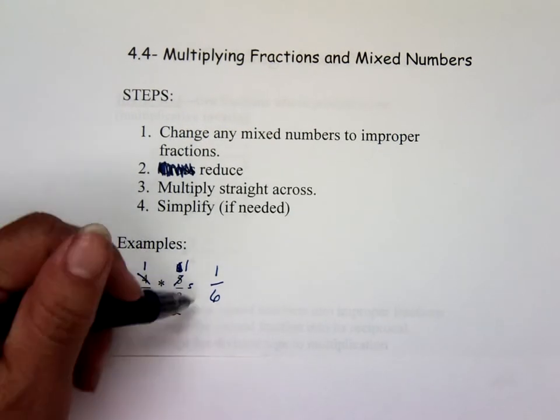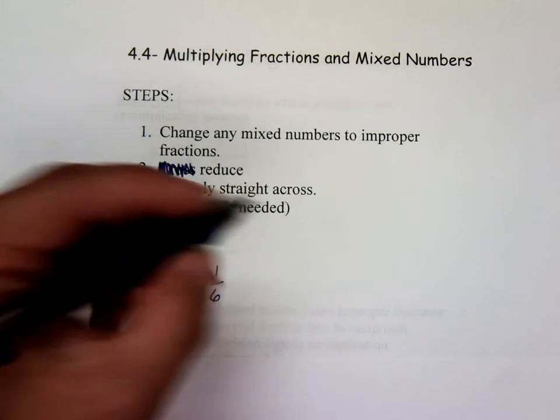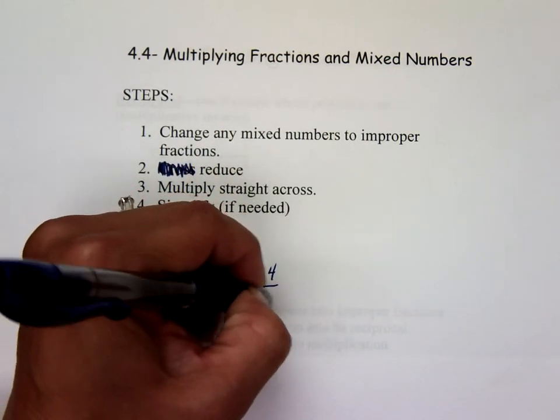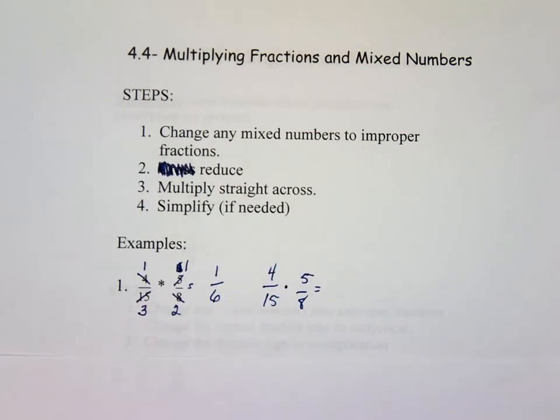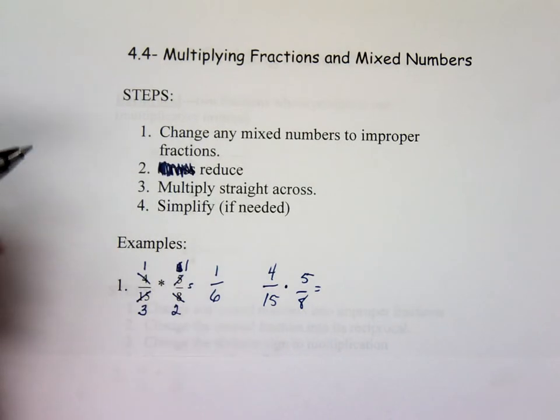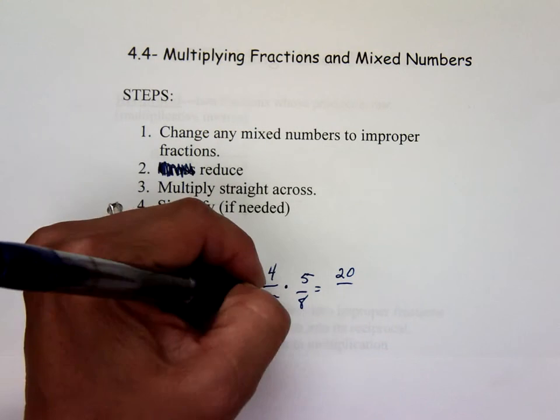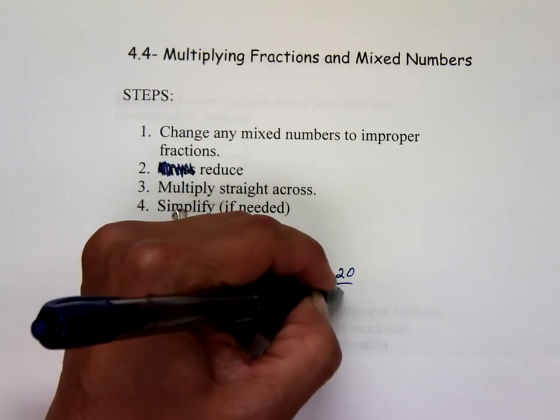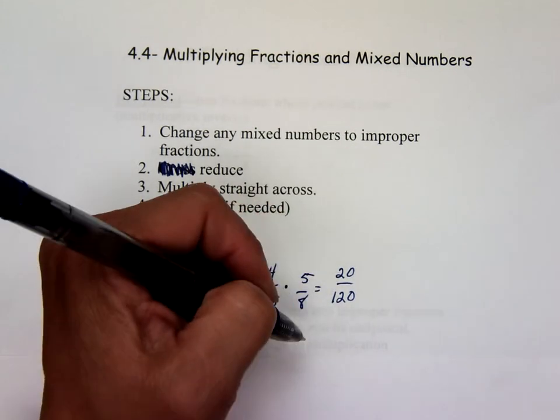Now some students don't like to reduce diagonally. So you could, if you wanted to, just multiply straight across. Now sometimes multiplying straight across, you'll get a huge number, so it's easier to reduce diagonally. So let's look at this. 4 times 5 is 20, and 15 times 8 is 120. So you could do that, but now you have to reduce 20 over 120.